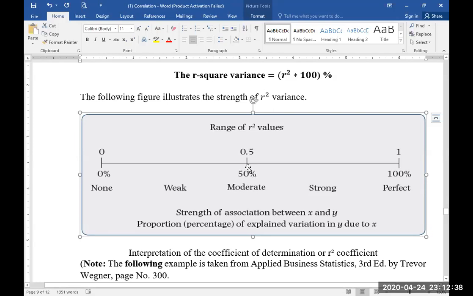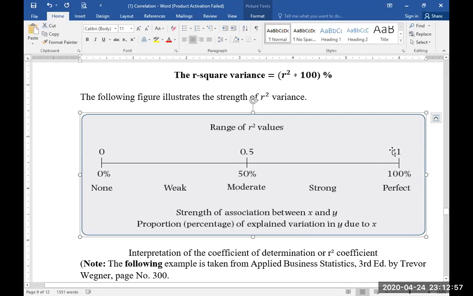The 50% value is characterized as the x variable moderately explaining the y variable. From 50 to 100%, the x variable is strongly connected to the y variable.